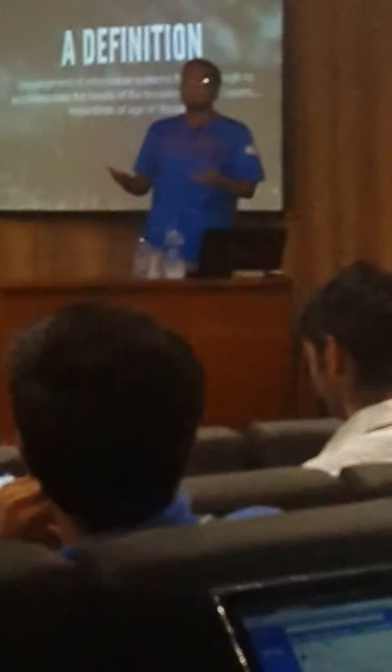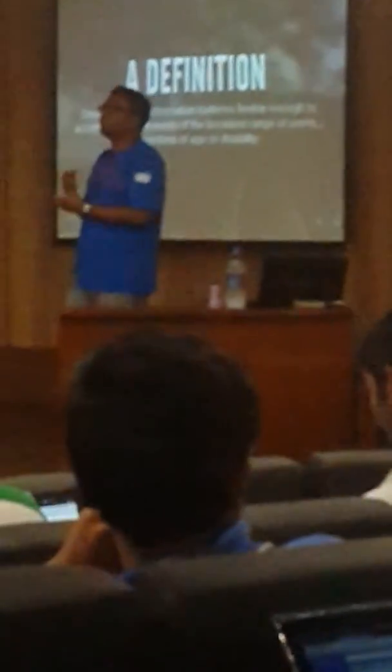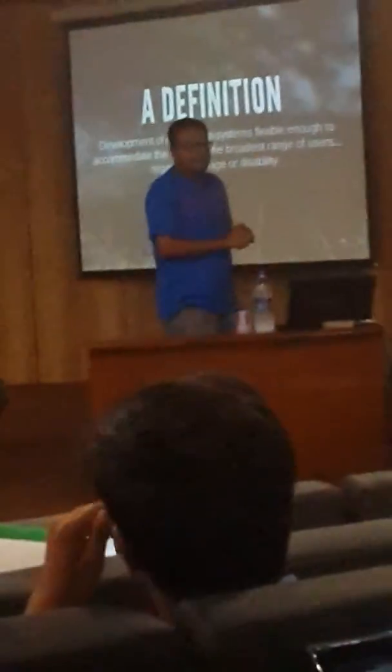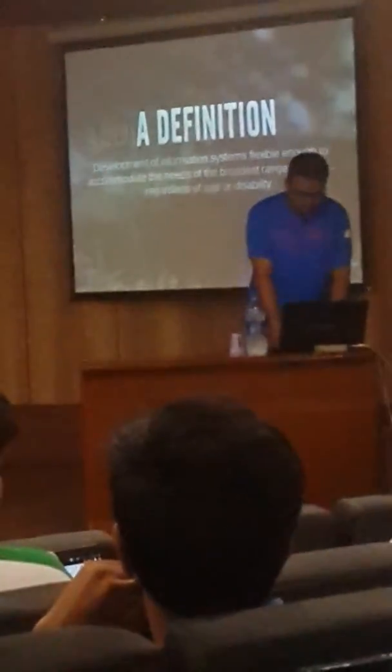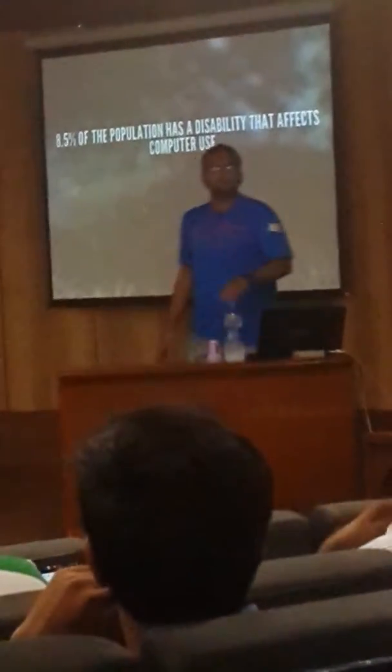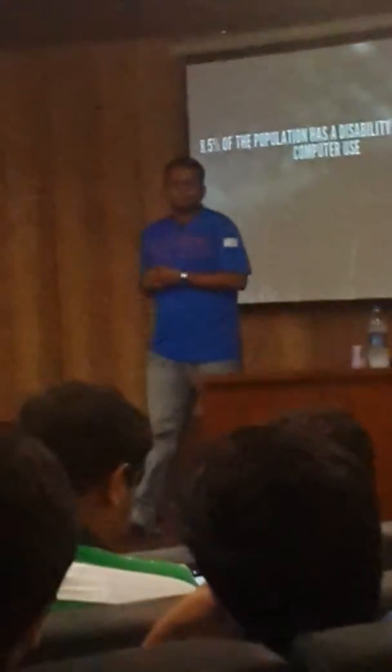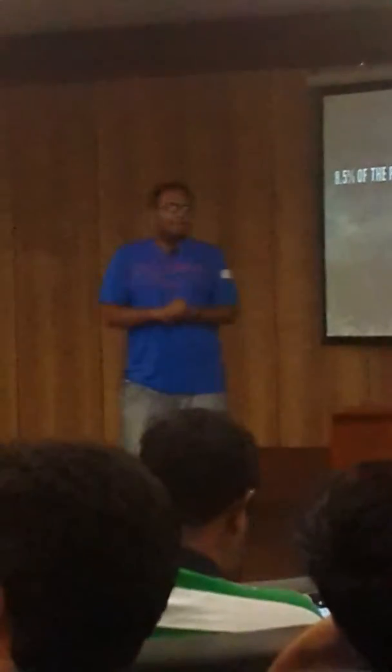So, that takes into consideration the wide range of users that browse the internet and use computers, of course, with the help of assistive technologies. Now, this is a statistic that I talked about in an earlier slide. 8.5% of the population has a disability that affects computer use.